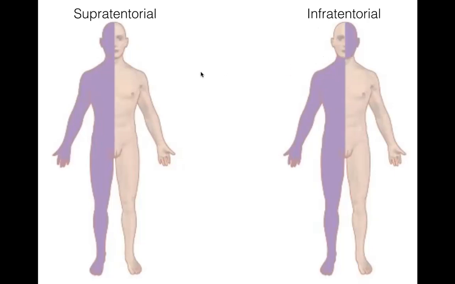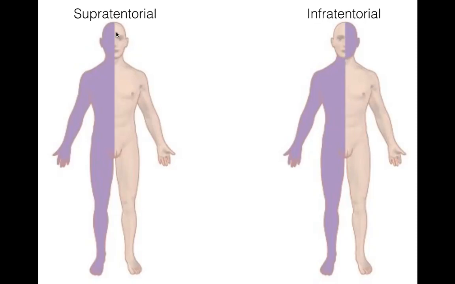If you compare the manifestation of an infratentorial lesion like one affecting the brainstem, you would see alternating signs, which means that the lesion affects the ipsilateral side of the head and neck structures, while it affects the contralateral side of the structures below the neck.